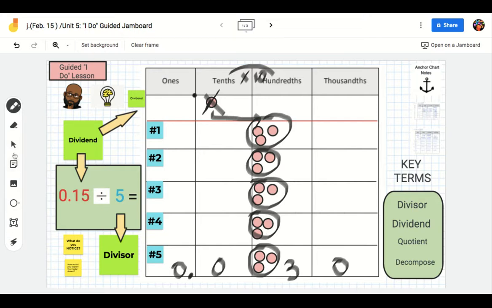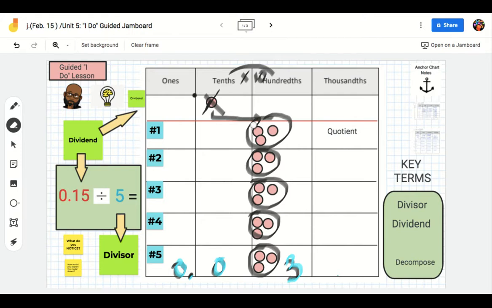So what is my quotient? What did the math model show us? The math model showed us that 15 hundredths divided by 5 is, and I'm going to use blue, 3 hundredths.